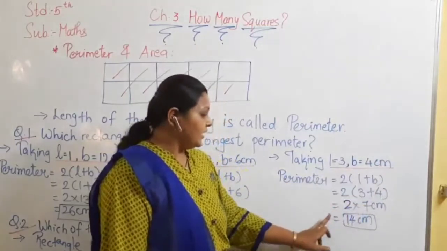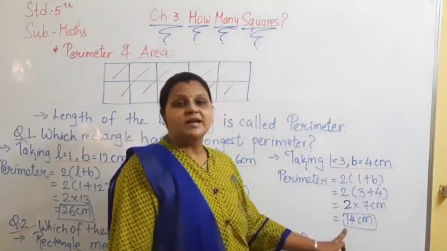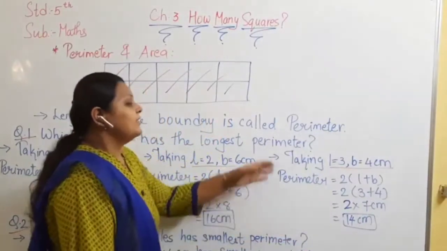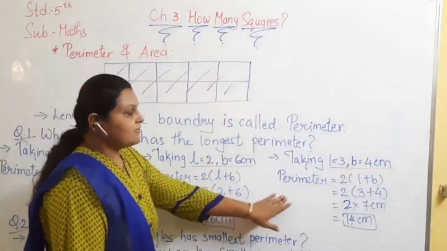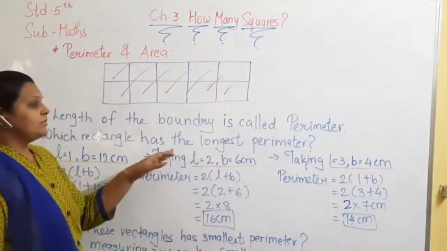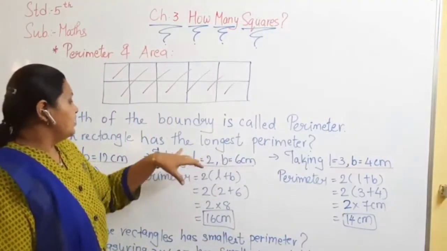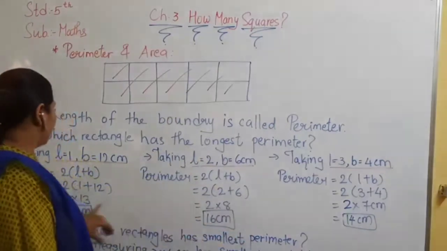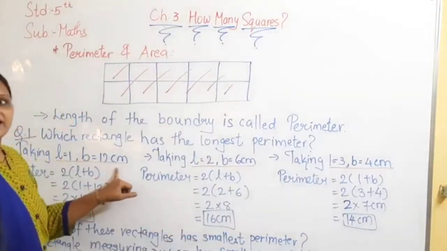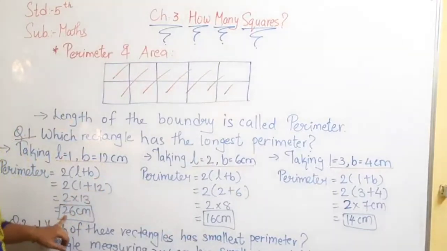By simplifying it, we will get 14 centimeter. So here we can say that the rectangle having length 3 and breadth 4 will be the smallest, and the one having length 1 and breadth 12 will have the longest perimeter, that is 26 centimeter.